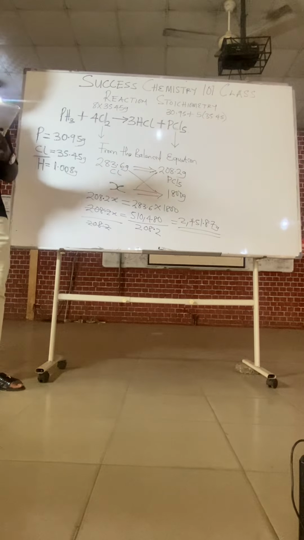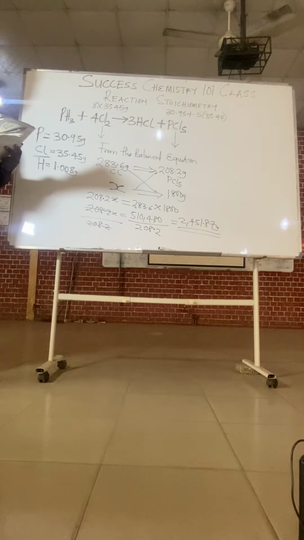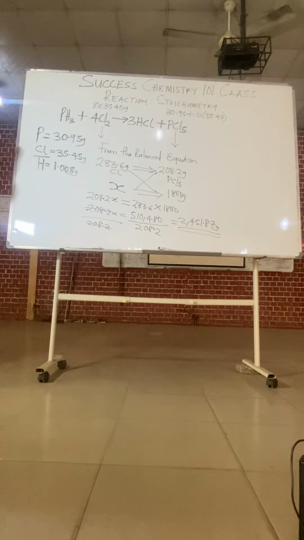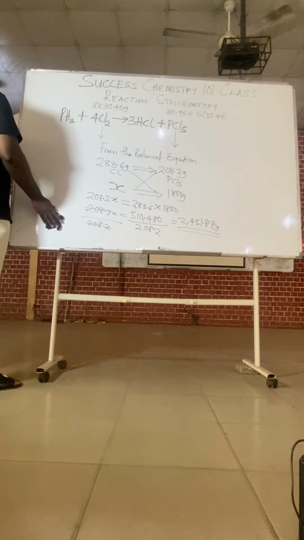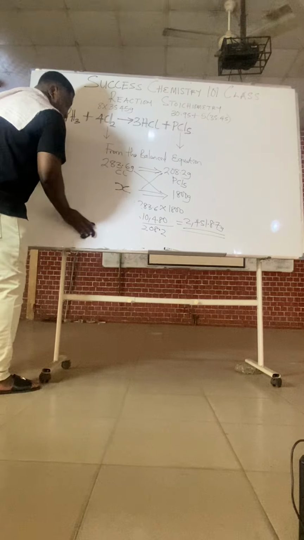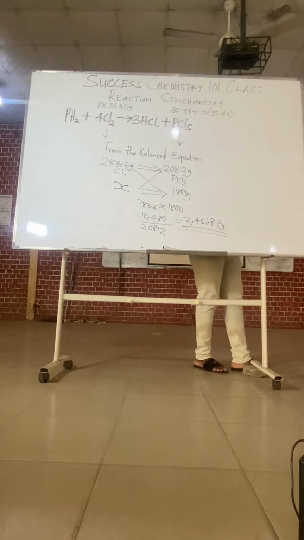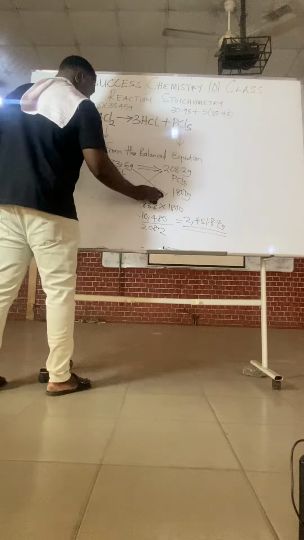Now, the reaction of nitroglycerine, under question. The reaction of nitroglycerine, you now write C3H5, open bracket NO3, then you close the bracket 3.